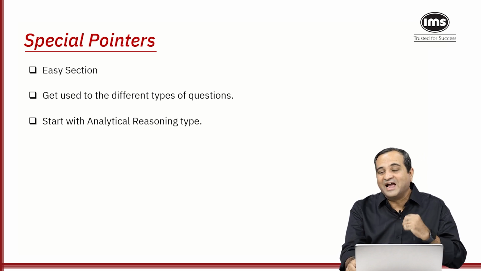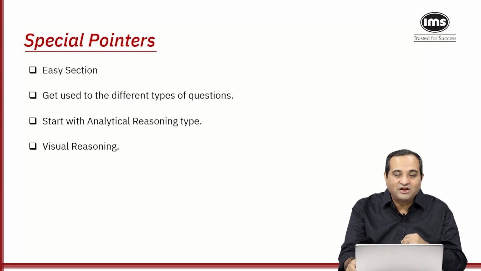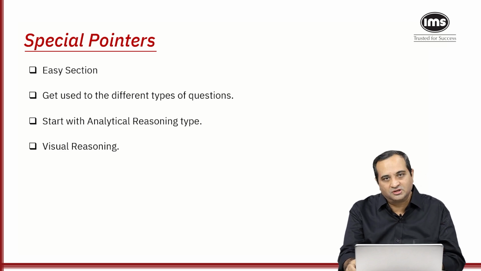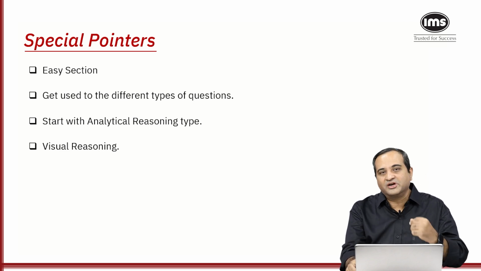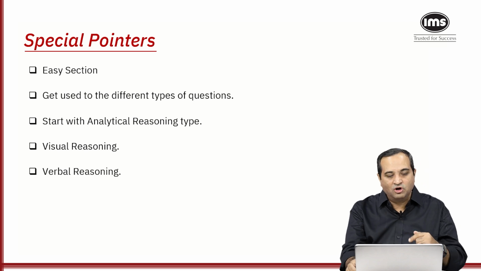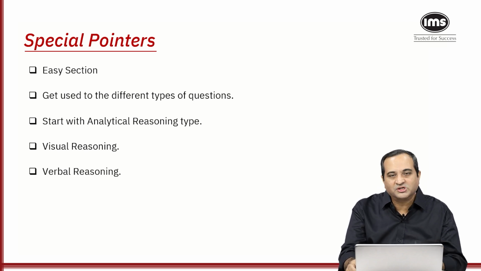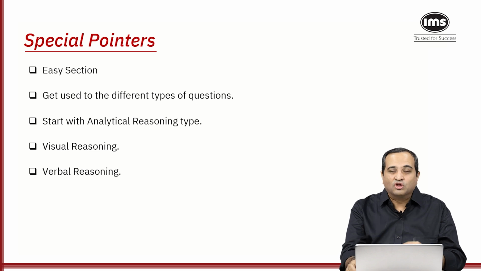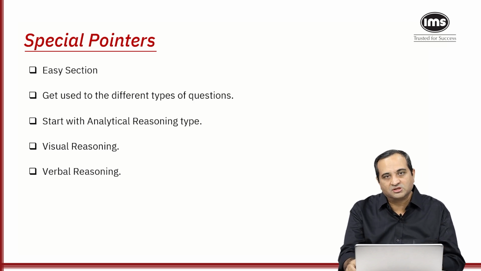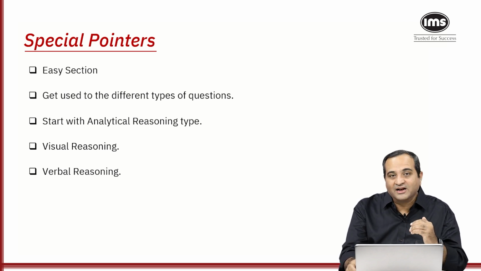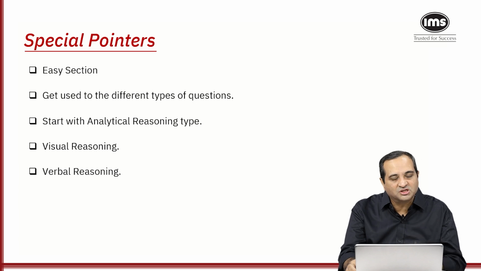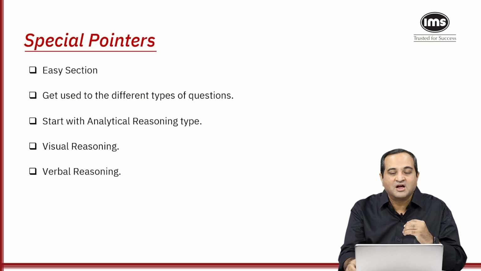Once you are done with the analytical reasoning questions, then you go on to the visual reasoning questions. Once you are done with the visual reasoning questions, then ideally I will look at the verbal reasoning questions. Why I'm asking you to do the verbal reasoning questions a little later, as I said, those are less accuracy questions, whereas analytical reasoning and visual reasoning questions are questions with high accuracy.